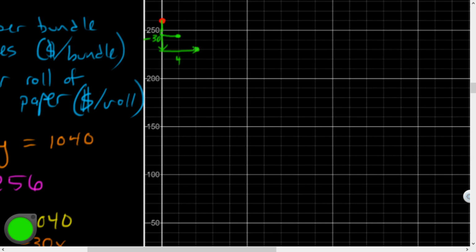Let's do that again. Down 30 and over 4. And I could even do it again. Down 3 more boxes, and over 4. I would have gone down to a half box. And that's why graphing, Ethan, I think you would agree, is not the most accurate.